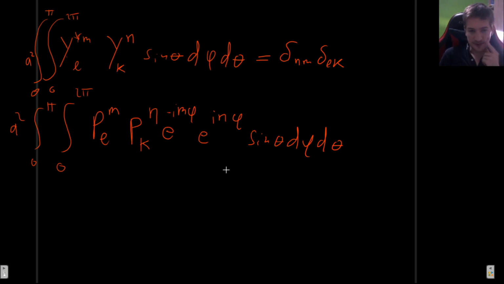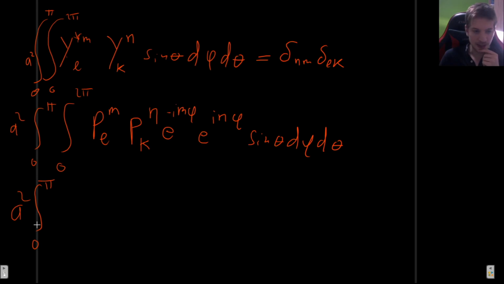Let's take a look at this. We can see that we can separate these integrals, first of all, because everything is independent of theta and phi. There's nothing mixing those two quantities, because this only depends on theta and this only depends on phi.